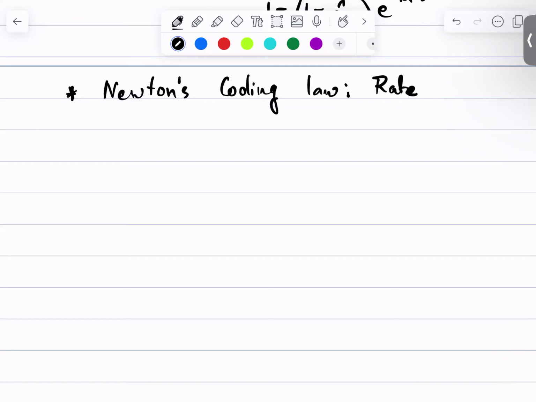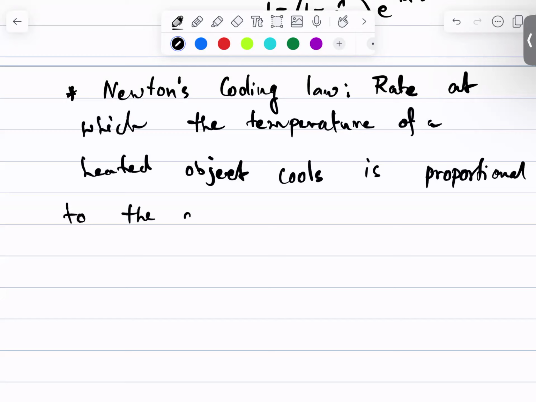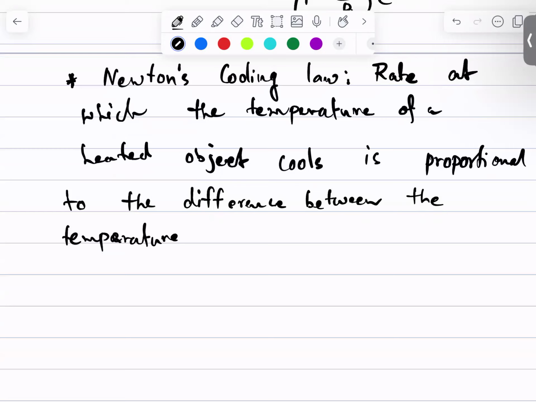It says that the rate at which the temperature of a heated body cools is proportional to the difference between the temperature of the object and the surrounding temperature.